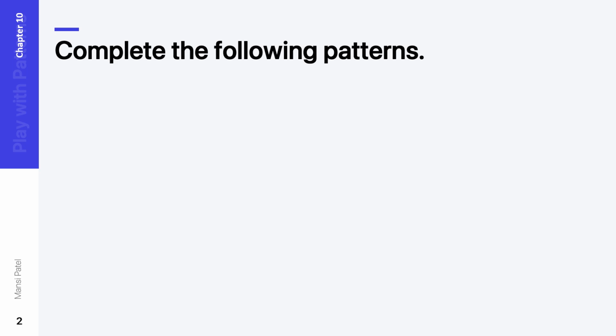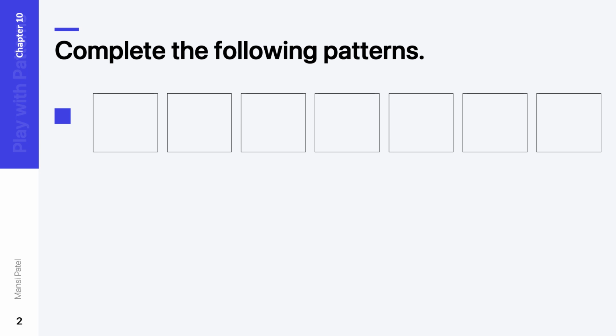Complete the following patterns. See here, in the first one, your pattern starts with a triangle. Then after, it's a diamond. Then after this, the shape of this triangle is not repeated. So which rule are they applying? In the first one, how many sides does the triangle have? 1, 2 and 3.